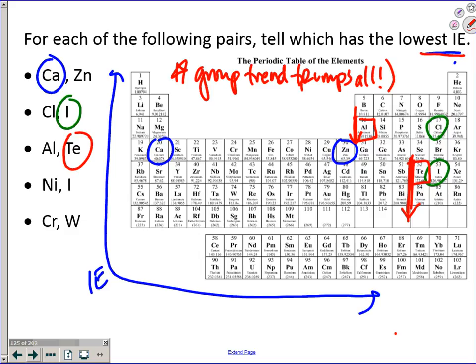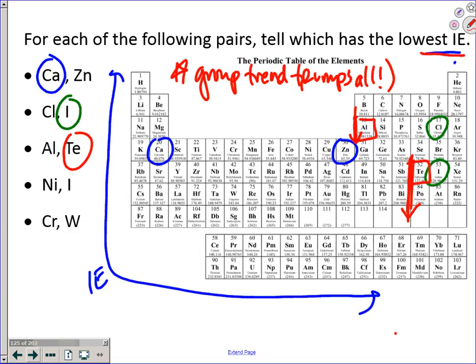So the question, of course, would drive how we think about that. It kind of depends on how the question is phrased. So like in this question, instead of saying IE, I could have said who has the largest radius.